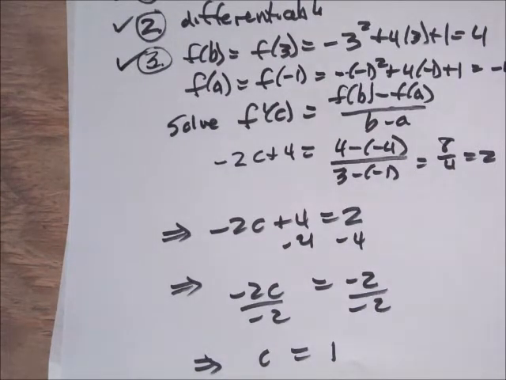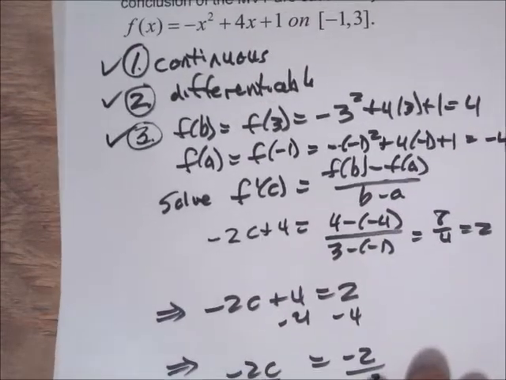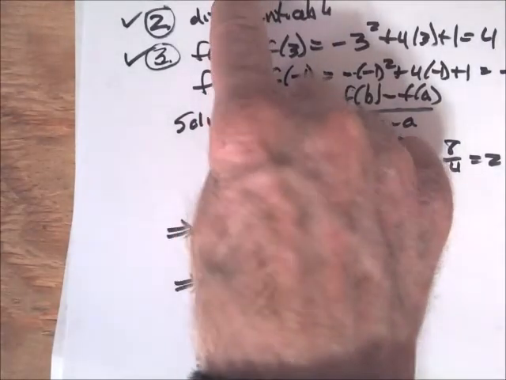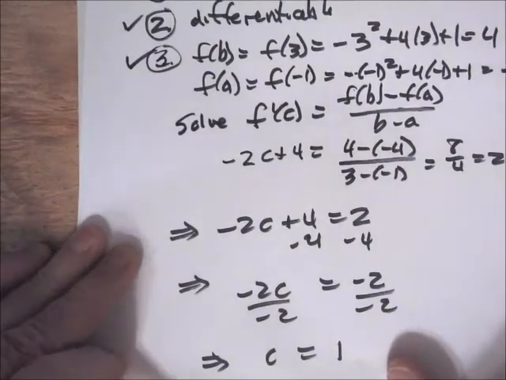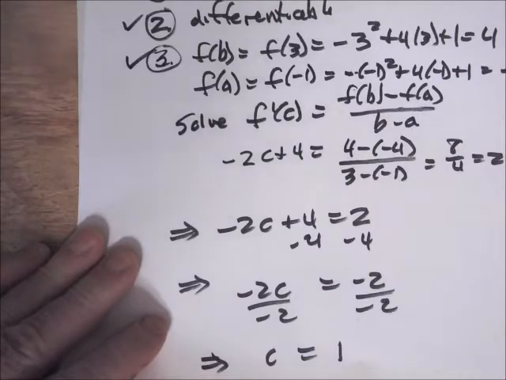Otherwise, we have something that we can publish and make waves in the mathematical community. But yeah, if the hypotheses are satisfied, the conclusion has to be true. So there is a number c there that makes the slope of the tangent line parallel to the slope of the secant line, or the same as the slope of the secant line.